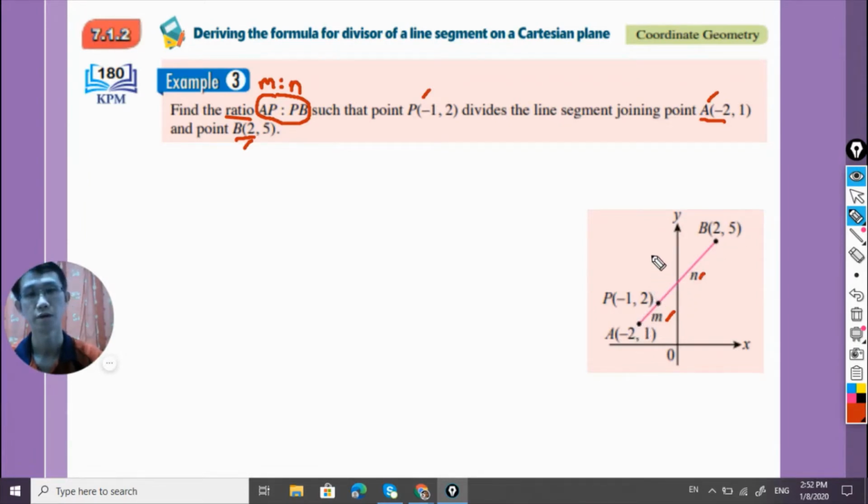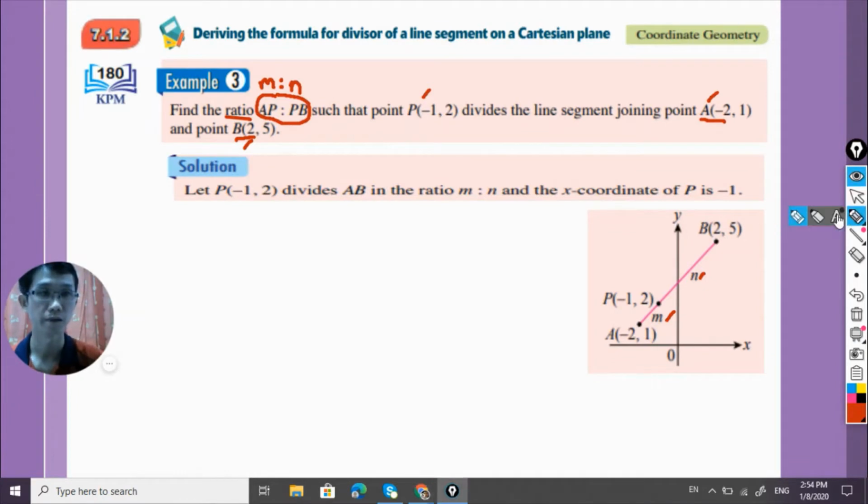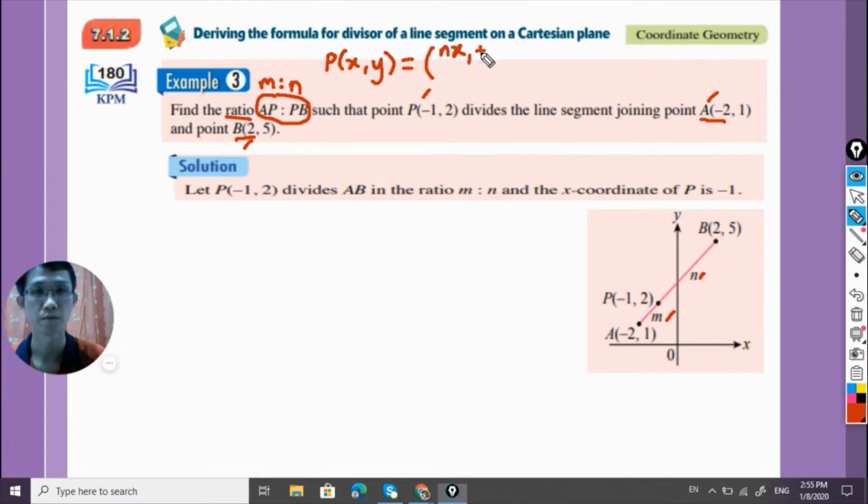First of all, we have to link the points up in the equation. So let us see what formula we have done that links the internal point with the two end points. In the previous lesson we have seen that it is given by this formula: x is equal to n multiplied with x1 plus m multiplied with x2 over m plus n.